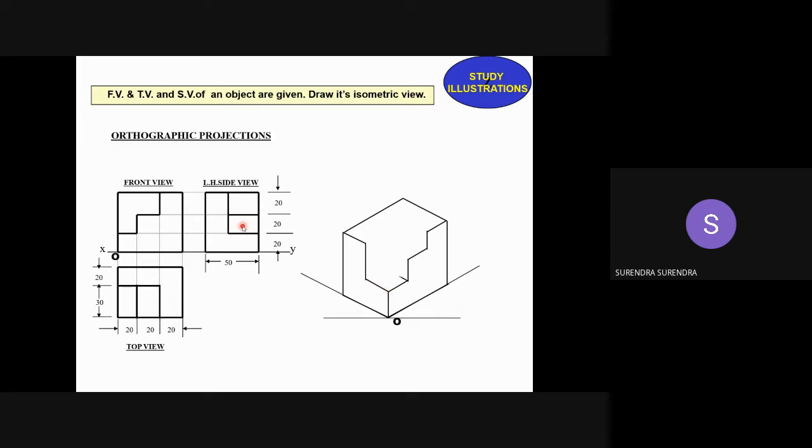Next, the remaining steps. This is the front view, top view, and side view. From the given front view, top view, side view, we have to draw the isometric view. You have to imagine, not guess, you have to imagine and complete the isometric view of the stepped block.